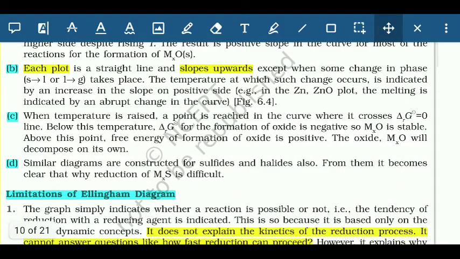When a change in phase takes place, that is solid to liquid or liquid to gas, the temperature at which such a change takes place is indicated by the increase in the slope of the positive line.